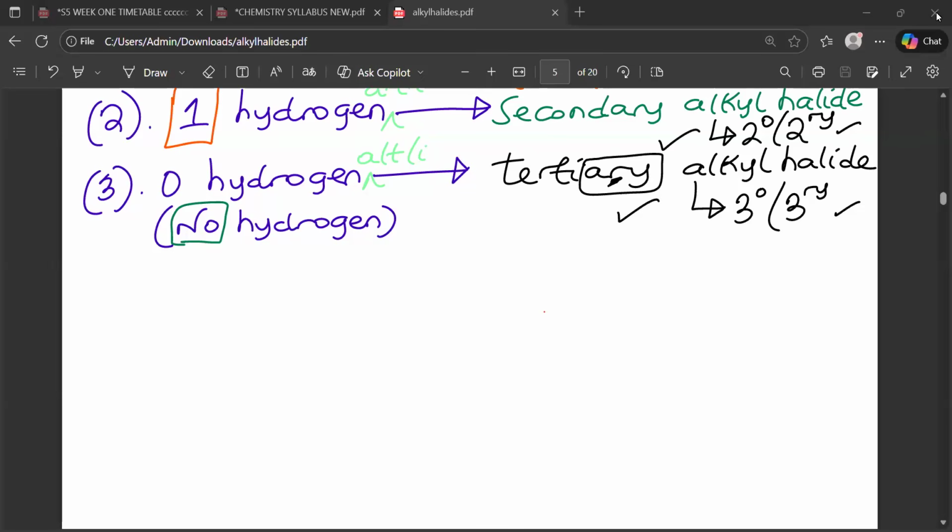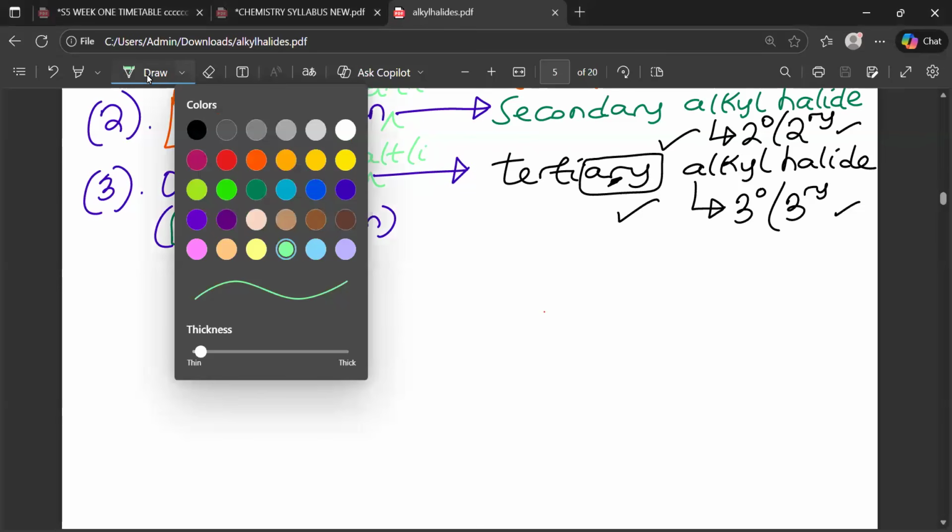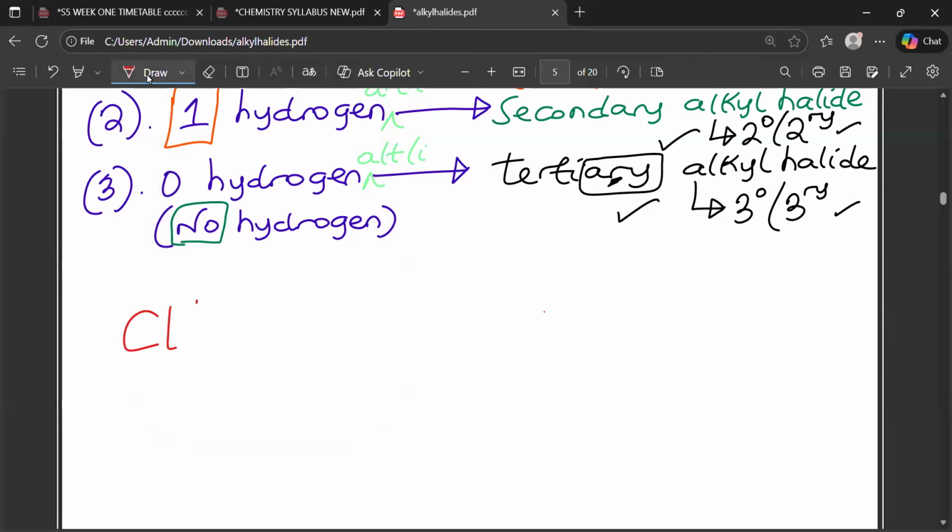So those people were asking me, I'm going to put for you here 2 halogen compounds. Then you tell me which class they are. The first one I'm putting is this. And the next I'm putting is this.